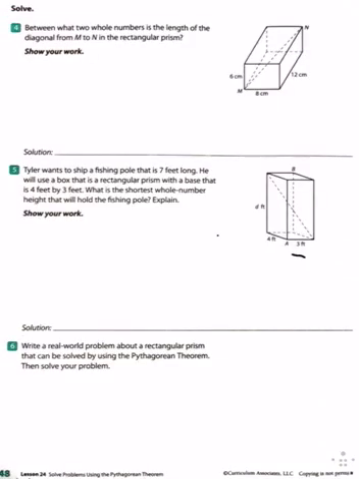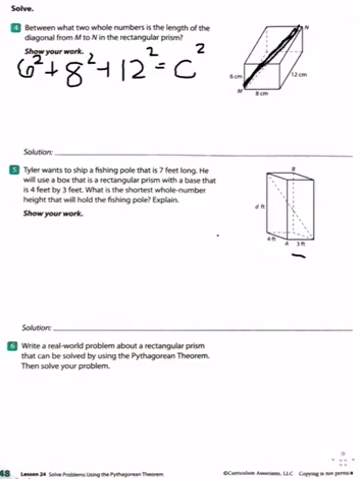Number 4. Between what two whole numbers is the length of the diagonal from M to N in the rectangular prism? So we can take our Pythagorean theorem for 3D shapes and plug in our answers. 6 squared plus 8 squared plus 12 squared is going to equal c squared for the big diagonal N to M. 6 squared, 6 times 6 is 36. 8 squared, 8 times 8 is 64. 12 squared is 144.